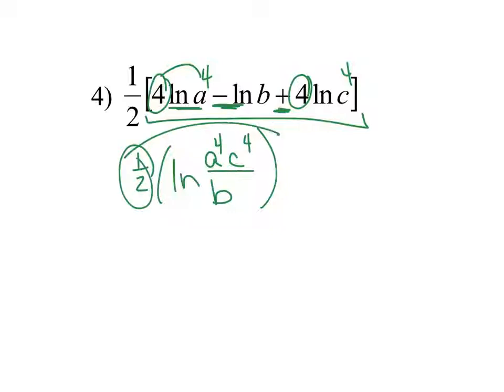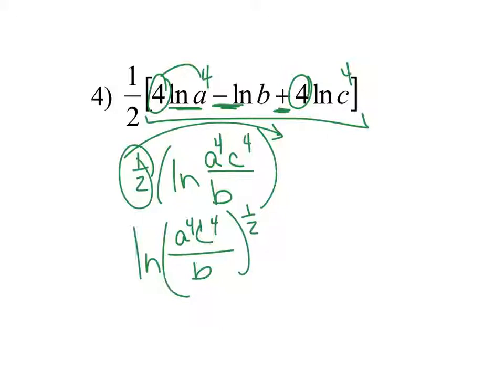That 1/2 comes up front, so it's the ln of a to the 4th, c to the 4th over b to the 1/2 power. Again, you can distribute that 1/2 in. There are so many different answers to this question.